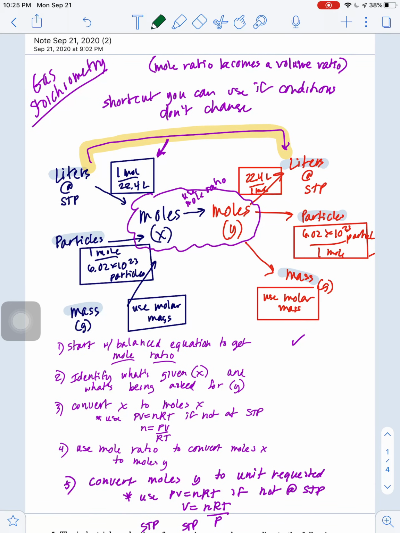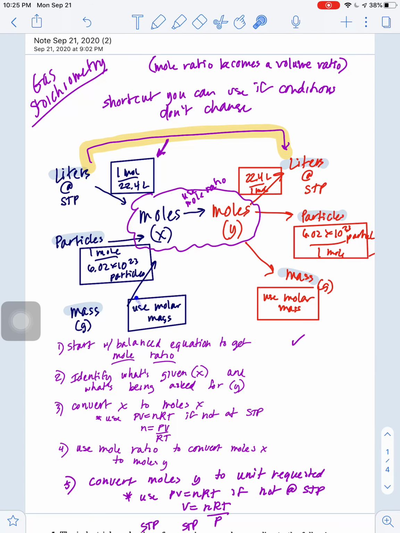You're going to have to get this flow chart kind of straight in your head, and it's usually not going to be dealing with particles and mass as much as the other problems that we did, but there will be some that do go back and maybe ask you to start in liters and use the 22.4 and then convert to mass at the end. And so you'd have to do maybe this path: liters to moles, moles to moles, and go back to mass.